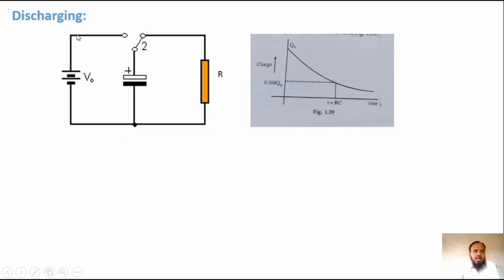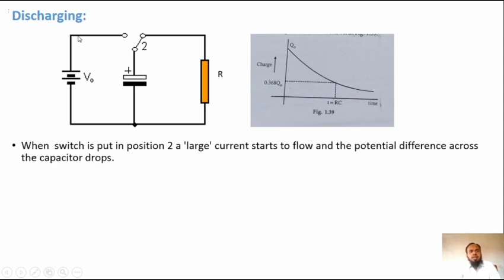Then discharging. Here we connect the switch to the capacitor, and the capacitor discharges through the load resistor R, and the characteristics show when switch is put in position 2, a large current starts to flow and the potential difference across the capacitor drops.